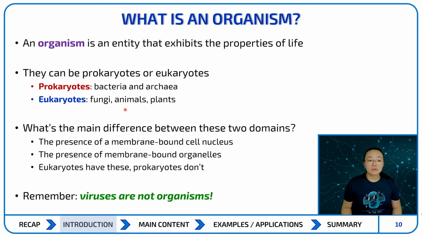But what are the differences between these two types? It's extremely important to understand that one of them actually has membrane-bound organelles, basically different compartments inside your cell, and the other type does not. So prokaryotes are the simpler version of a life form. It means that they just have a cell membrane, and inside them, all of their components are just floating around in some sort of cytoplasm.